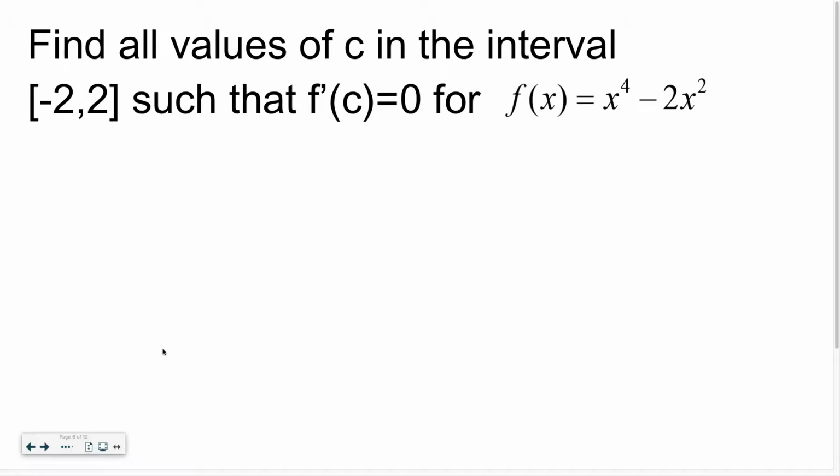Okay, so apply Rolle's theorem to f of x equals x to the 4th minus 2x squared on the interval -2 to 2. Don't forget to talk to each other while you're doing this.